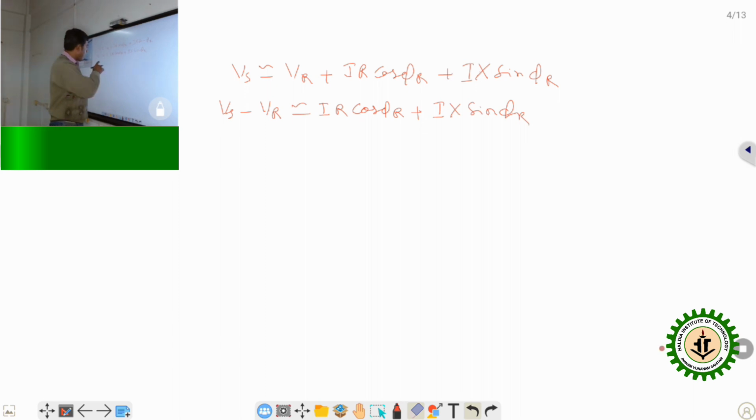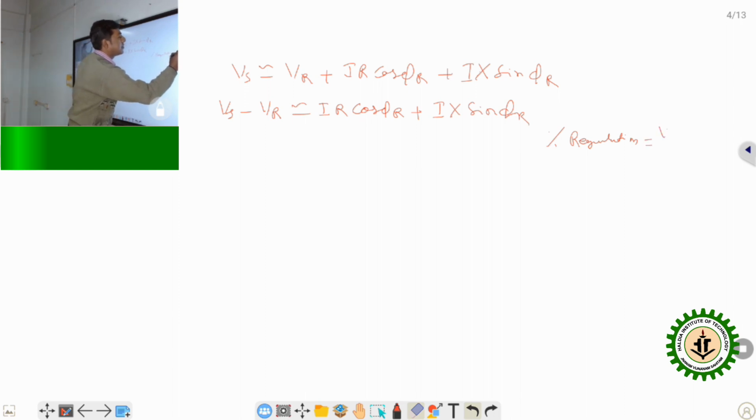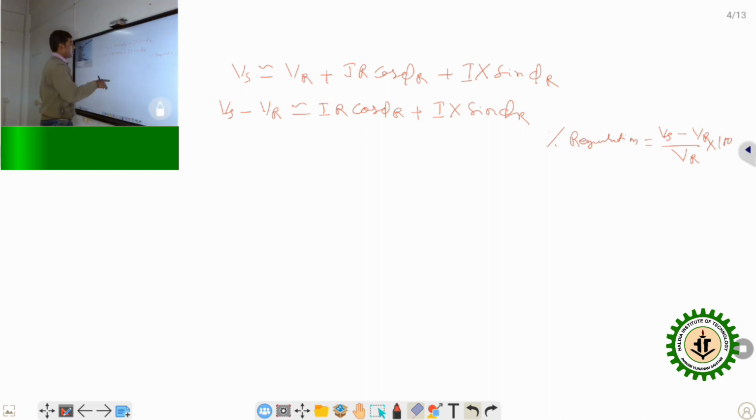If you want to go for identification of the regulation from here, what is regulation? Percentage regulation, well, I've written here, this is Vs minus VR divided by VR multiplied by 100. Okay, same thing, I'll just put here, percentage regulation is approximately, this is an approximated equation, because due to the short transmission line, due to the short length, we have not considered the capacitance here.